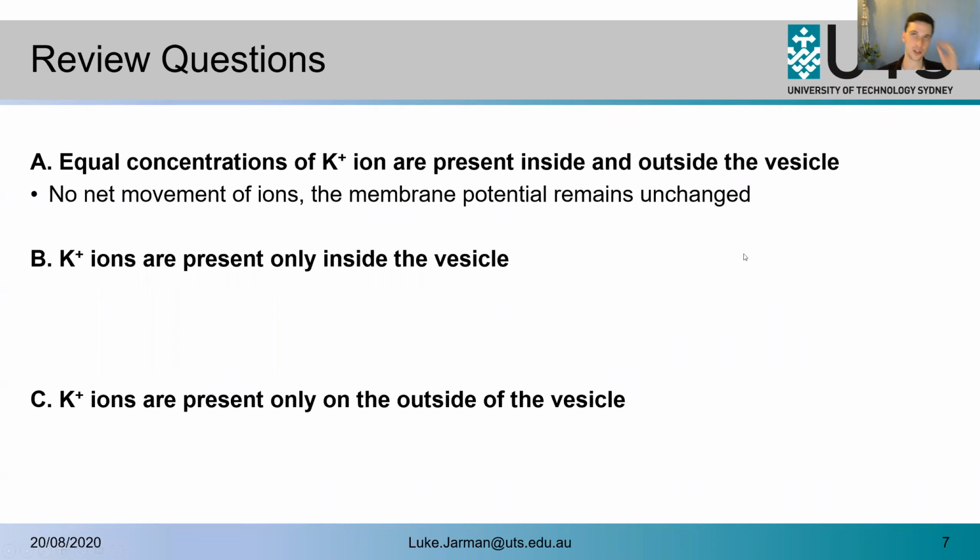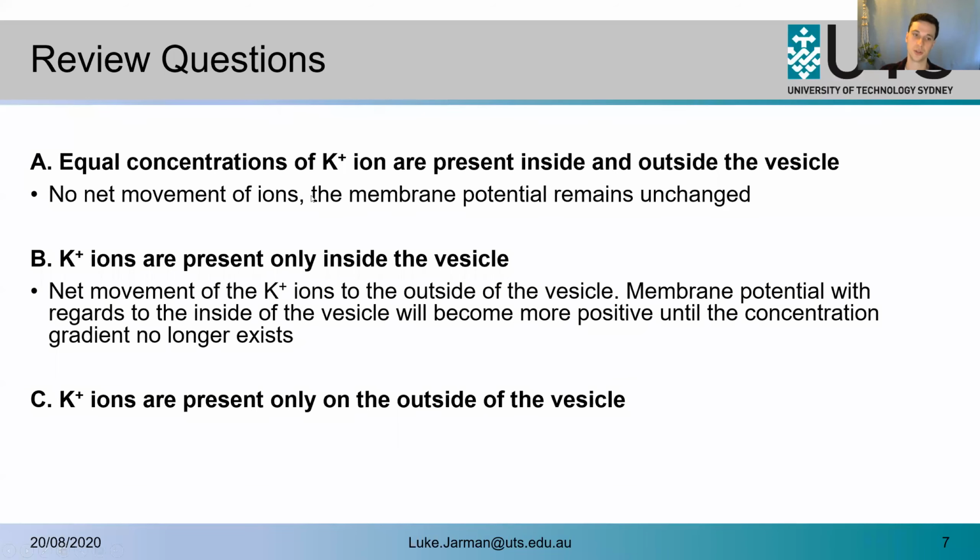There won't be any movement. If you have equal concentrations inside and outside the cell, there is no concentration gradient, so you won't have any movement of ions. The second one, if you have only potassium ions present inside the cell, you will have a net movement of potassium ions to the outside. Again, just simple concentration gradient stuff.